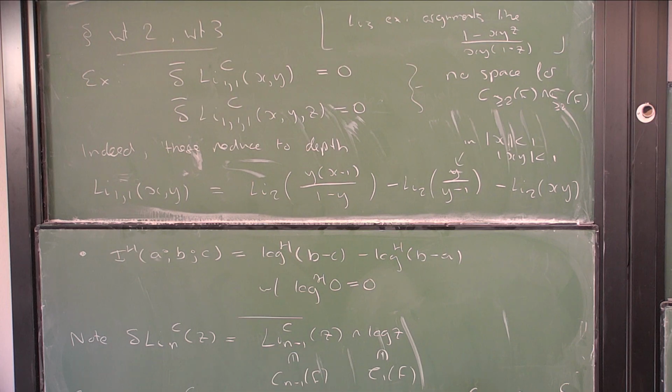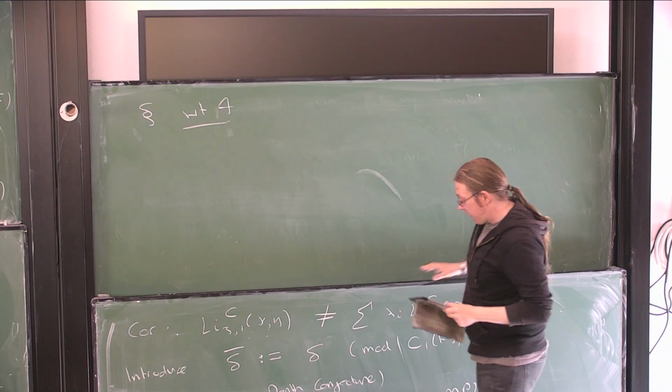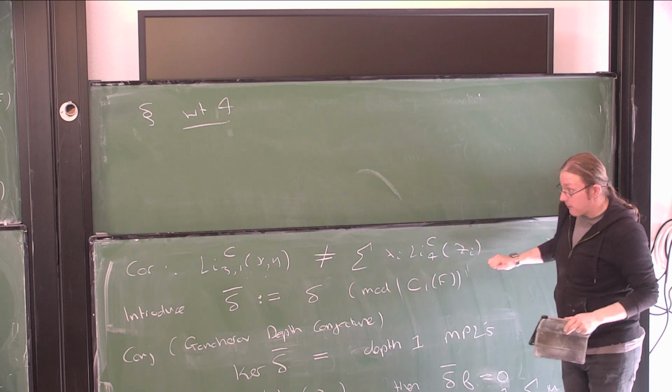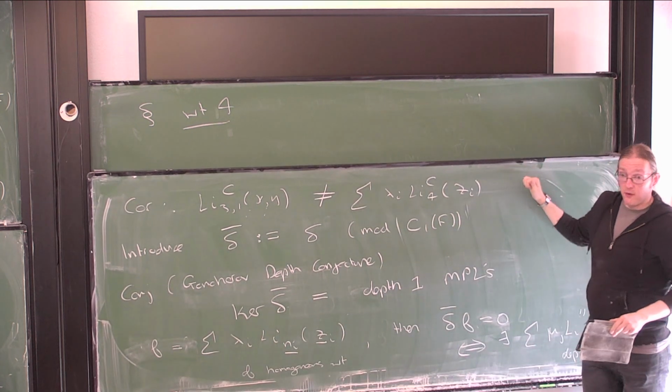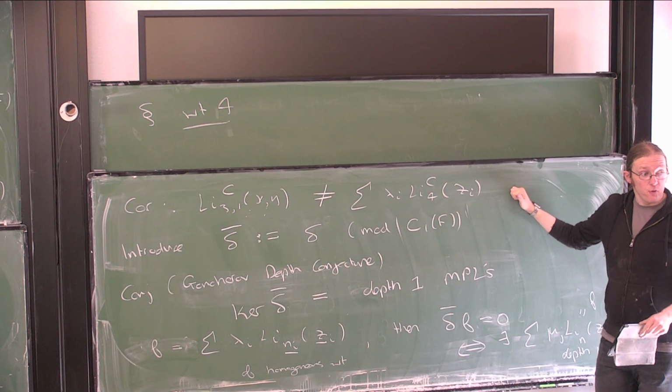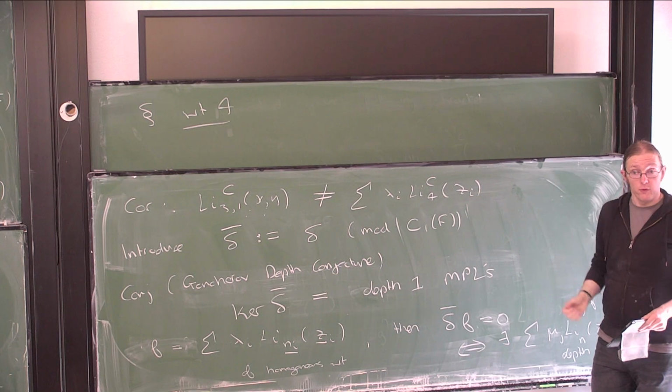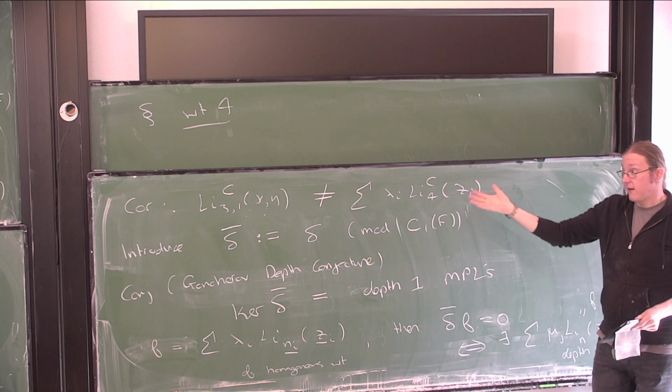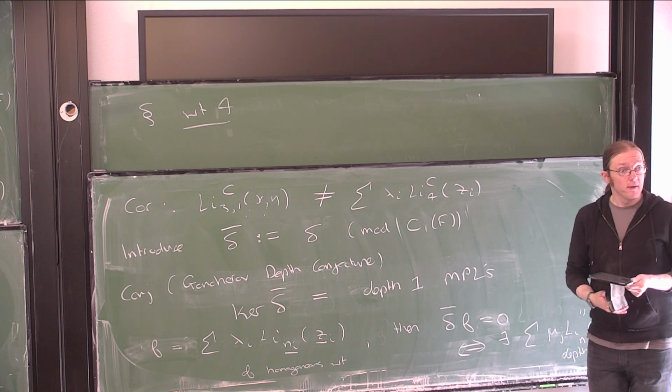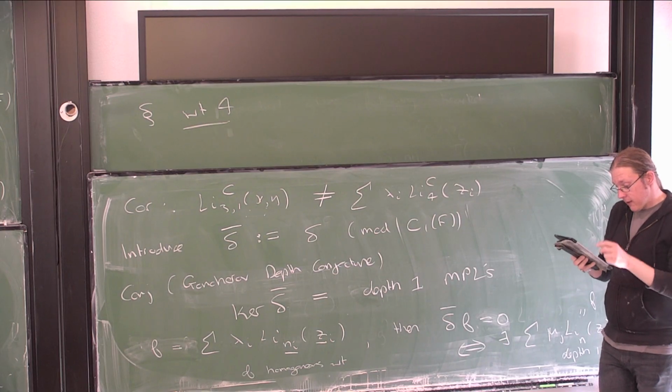So then I continue with the story in weight 4. We already had the example here showing that in weight 4 you really do need a depth 2 function, Li3,1. You can't write it in terms of depth 1, so it is really a new function that you need.